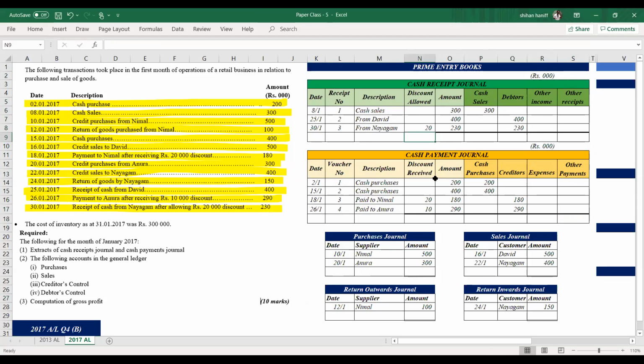And let's calculate the total, calculating the total of each prime entry book.